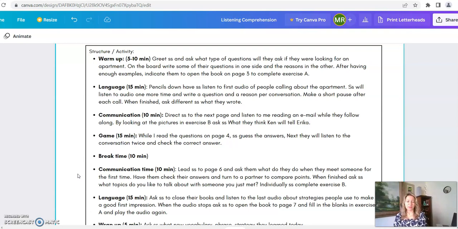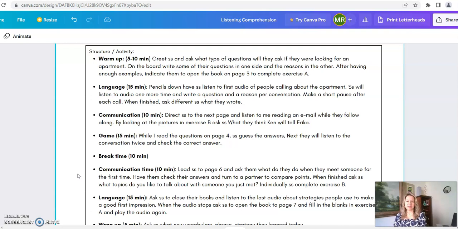First, we have the warm-up, which is going to take between 5 to 10 minutes at most, and it reads as follows. Greet students and ask what type of questions they would ask if they were looking for an apartment. On the board, write some of their questions on one side and the reasons on the other side.